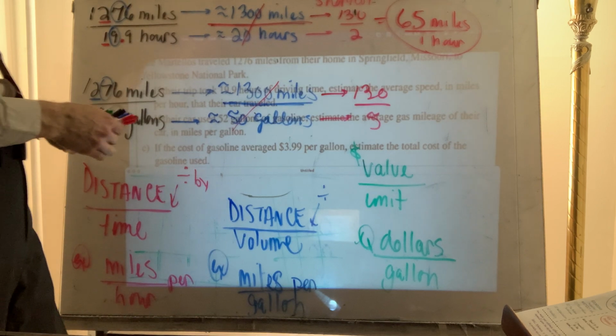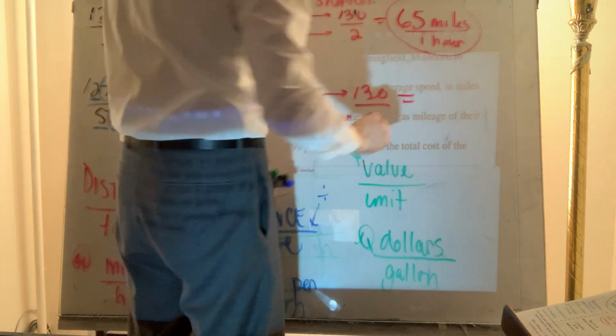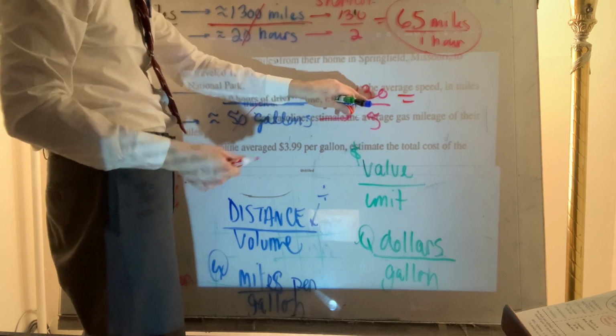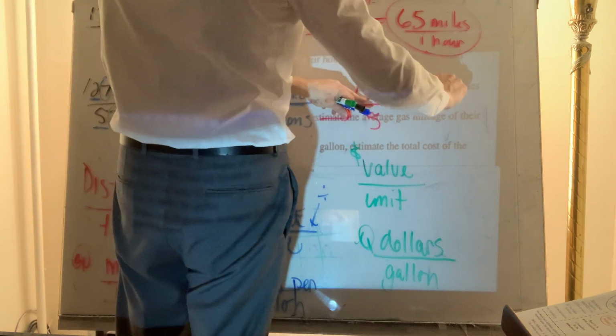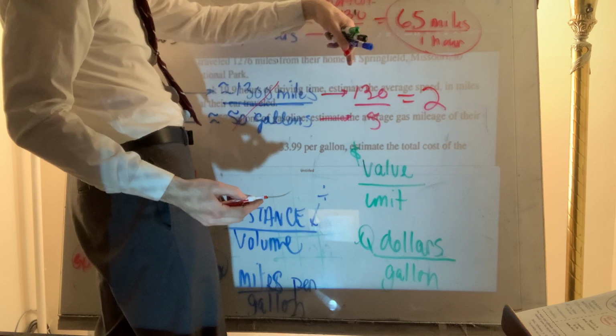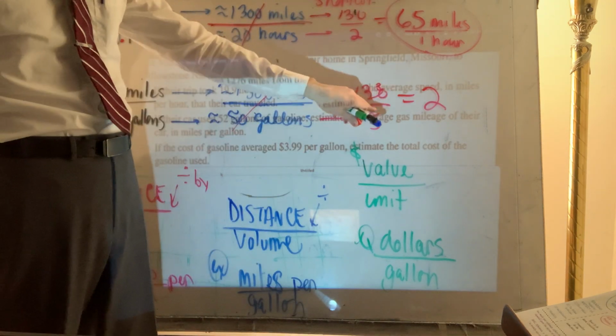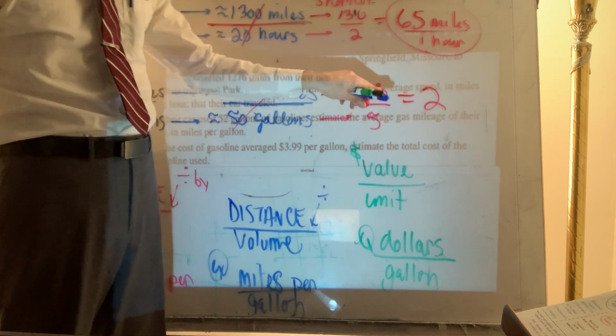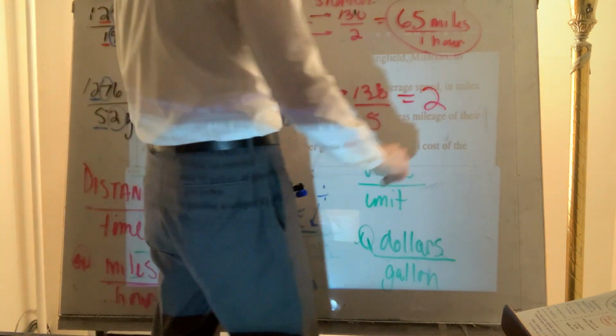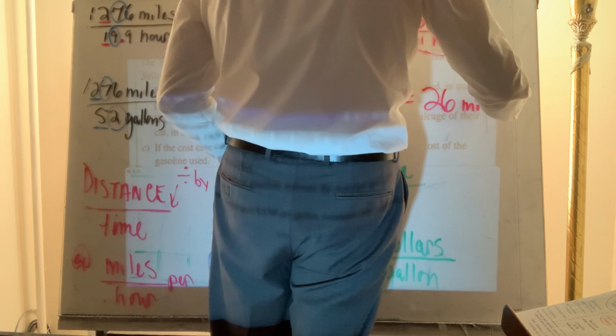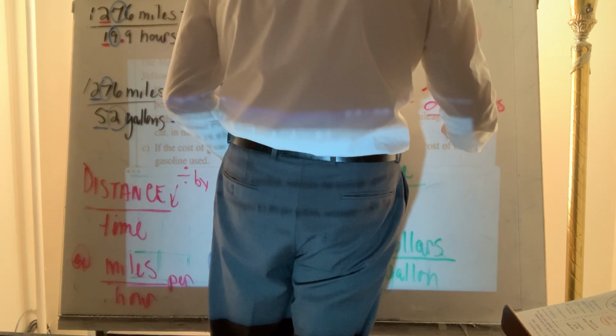So just do short division. 5 goes into 13 roughly 2 times, which is 10. The difference of 13 and 10 would be 3. So I'm going to squeak in a little 3 in short division to then figure out the next digit. 30 divided by 5 is 6. So it's 26 miles per gallon.